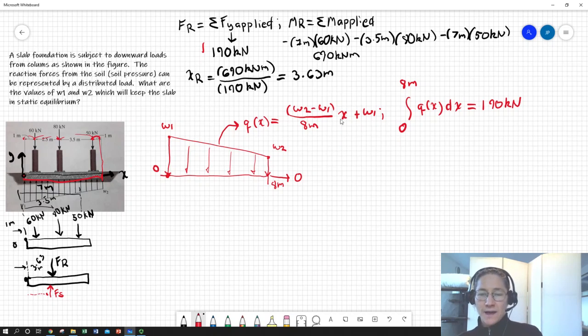So we can go ahead and do that because W2 and W1 are constants from this standpoint. So let's set up what we're going to integrate. We're going to integrate from 0 to 8 meters W2 minus W1 over 8 meters, all of which is a constant, x plus W1 dx.